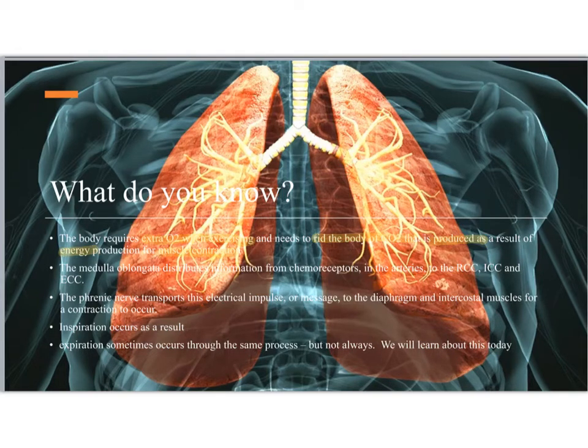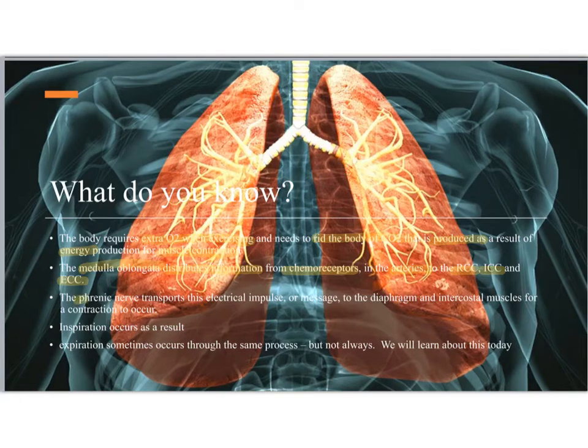We need to look at the medulla oblongata and how it distributes its information from the chemoreceptors, so the initial information it collects from the chemoreceptors in the arteries, to the respiratory control centre, and thus the inspiratory control centre and the expiratory control centre. If you're still unfamiliar with those terms, have another look at video 1, please.